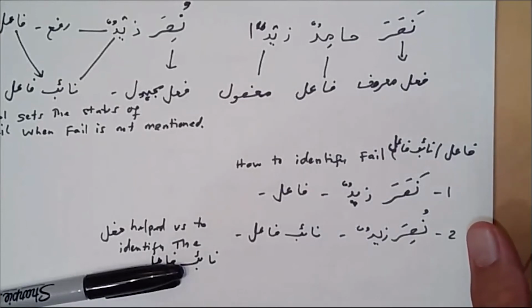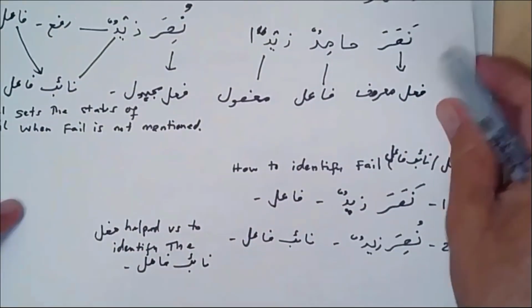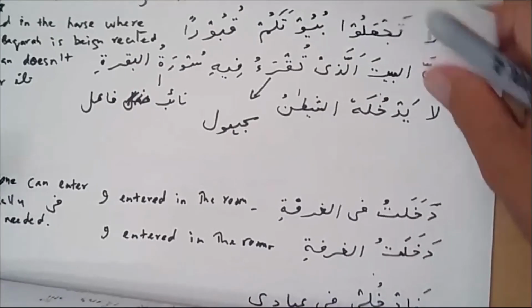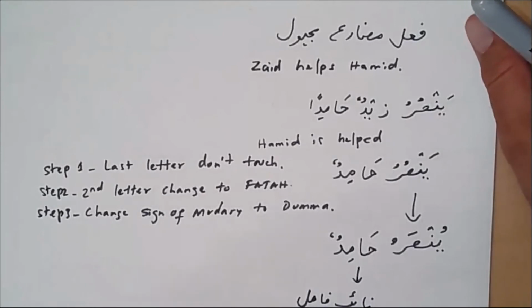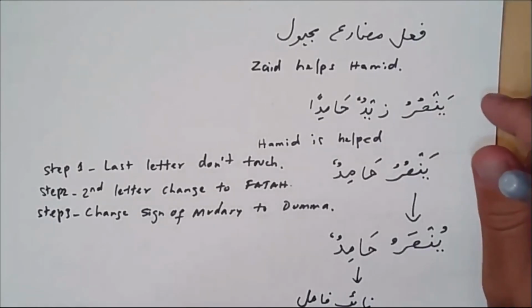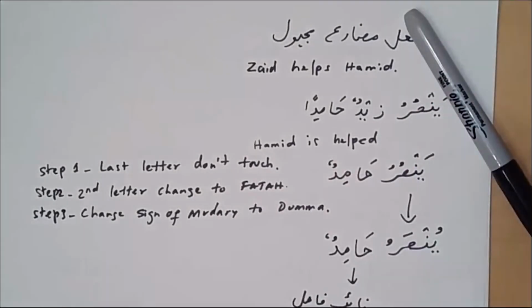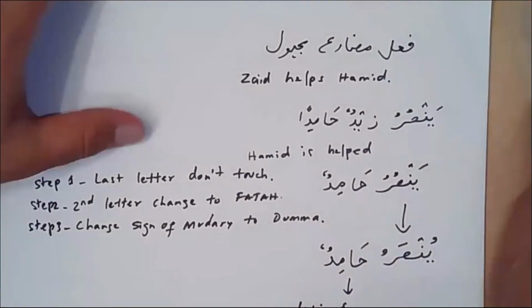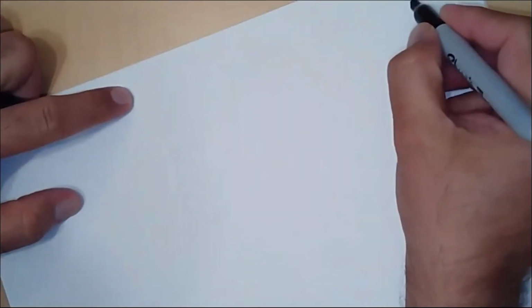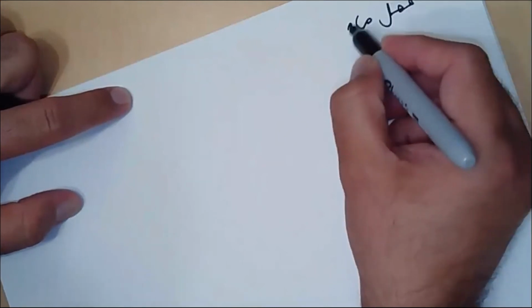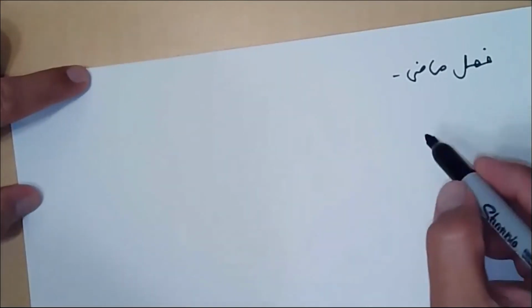Okay, so what were the steps of making the fi'l madi into the passive? Let me write it down for you. If we are dealing with fi'l madi, what siga number do we use first?